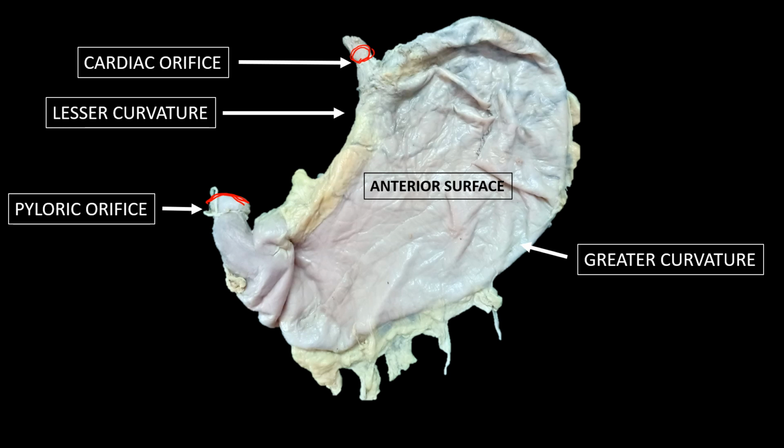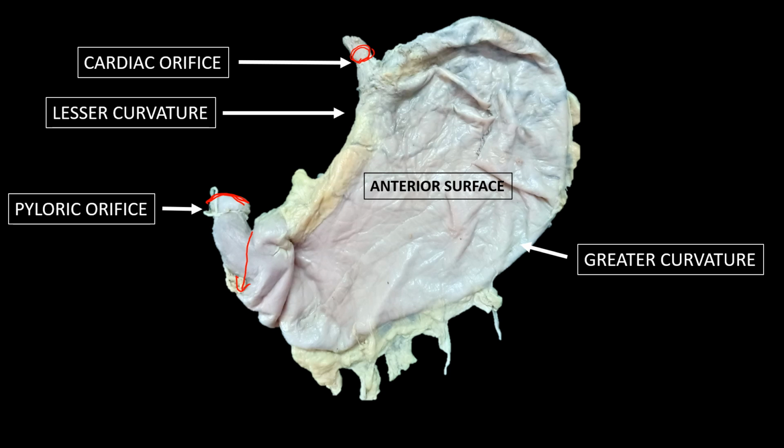It can be identified by the thick muscular node on palpation, because of the muscular structure of the pyloric end. In addition, in a living person we can identify the pre-pyloric vein of Mayo, which also helps in identification of the pyloric orifice.